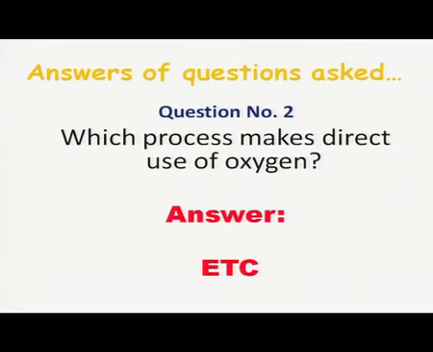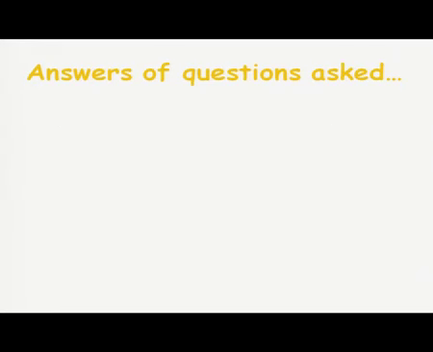We have seen in oxidative phosphorylation, in terminal oxidation, at the last stage cytochrome A3 uses oxygen, electron and proton for molecular oxygen. So the oxygen is used by the electron transport chain.